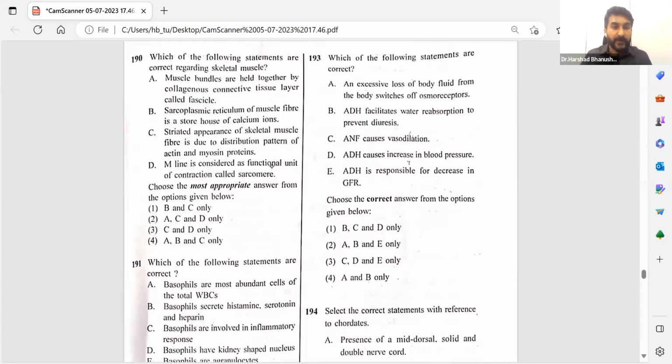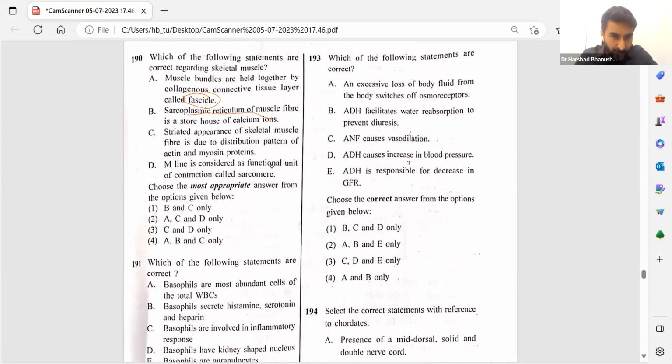Which of the following statements are correct regarding skeletal muscle? Muscle bundles are held together by collagenous connective tissue layer called fascicle. The muscle bundle is called a fascicle. The fascicle is not the layer, so this is a wrong statement.